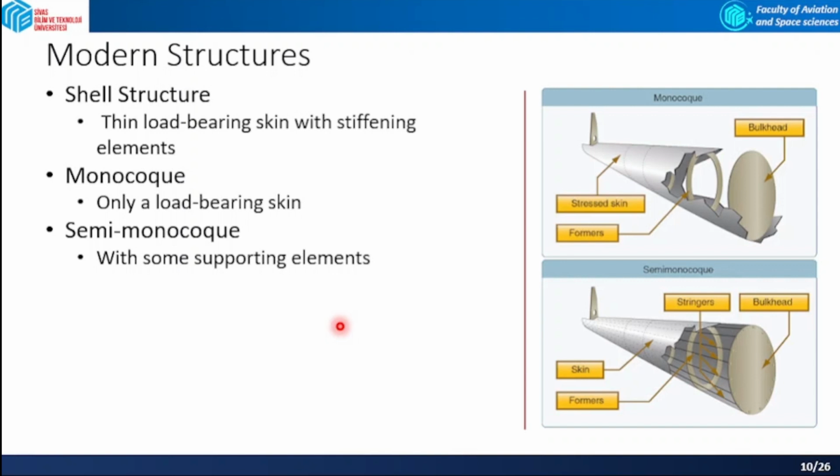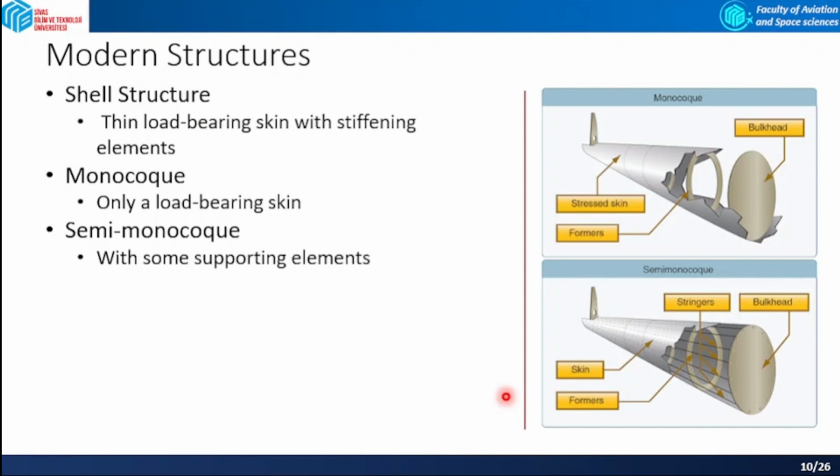So we have the monocoque structure in here, and also the semi-monocoque structure with all those parts like the skin and the formers. So the modern structures, we can actually categorize into three: the shell structure, monocoque, and semi-monocoque.